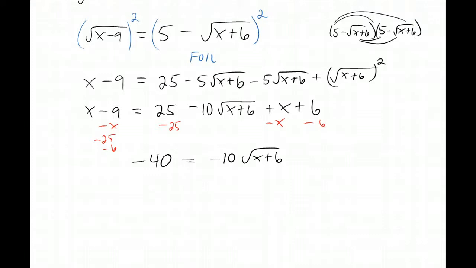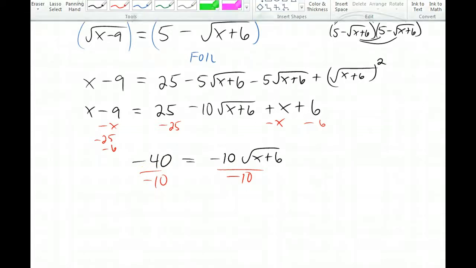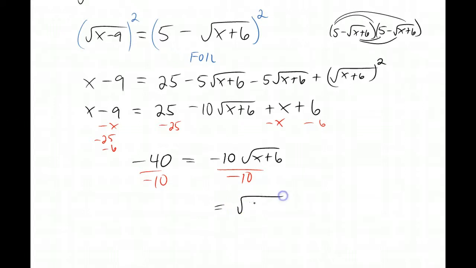Well, first we moved everything to the other side of the equation, and the square root term is by itself now. You're going to make your life a lot easier if you divide through by whatever number is in front of that. At least in this problem, we're going to divide through by a negative 10. That will leave your square root of x plus 6 all by itself on one side of the equation.